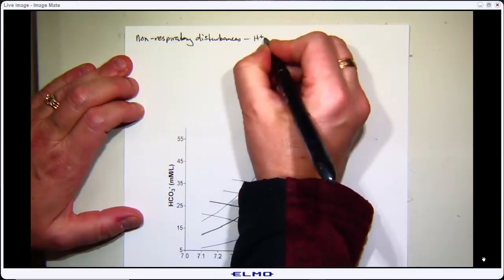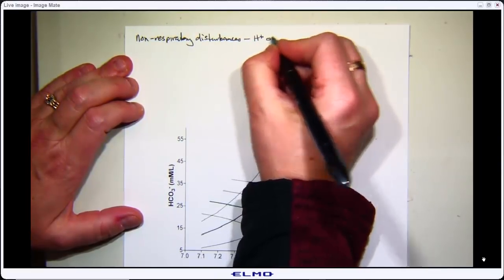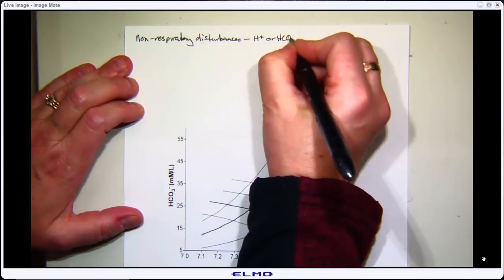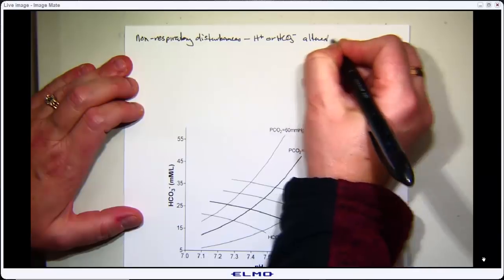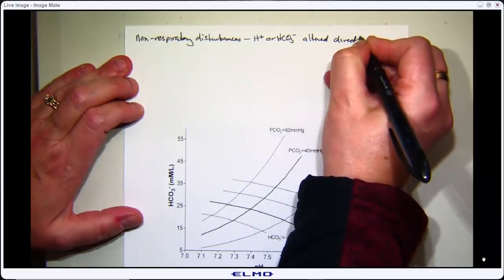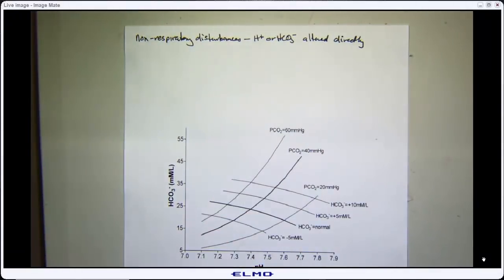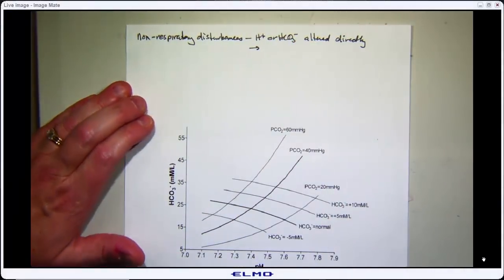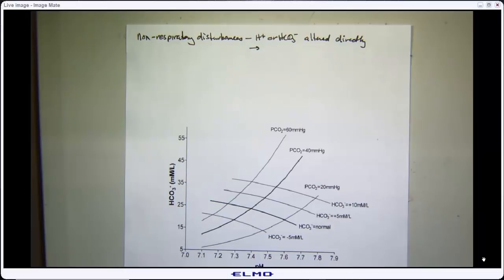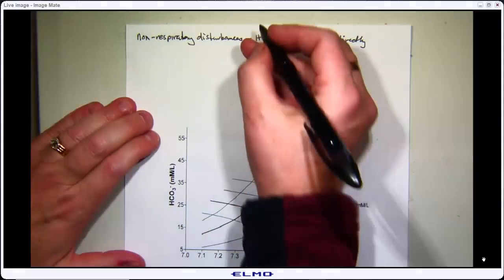So this is hydrogen ion or CO2 or bicarb, HCO3 is altered directly. And they call these metabolic. Okay, so we had respiratory alkalosis and acidosis. Now we're going to go over metabolic alkalosis and acidosis.